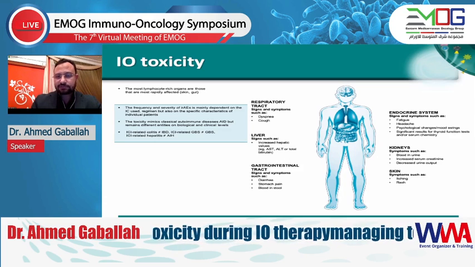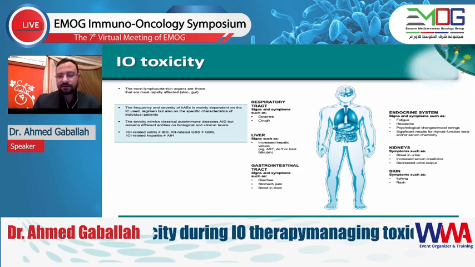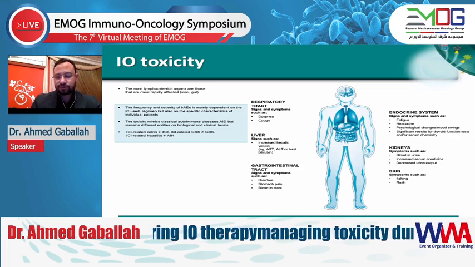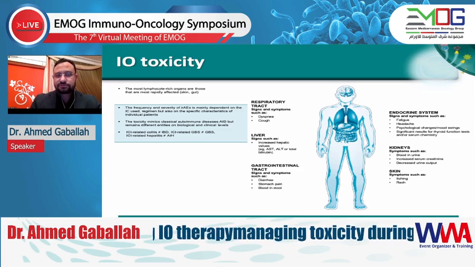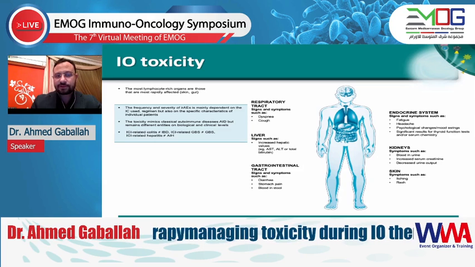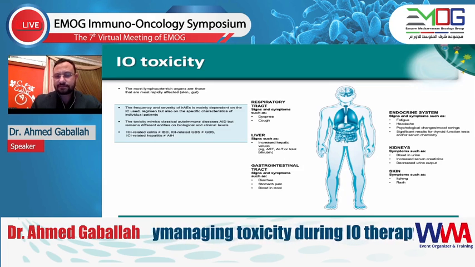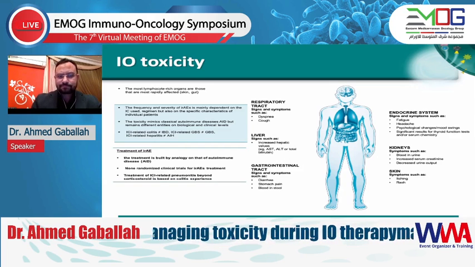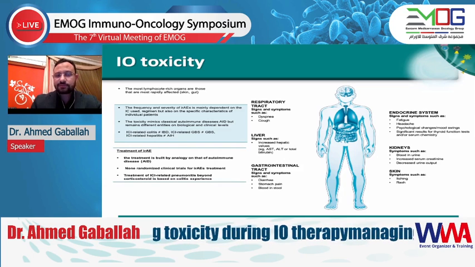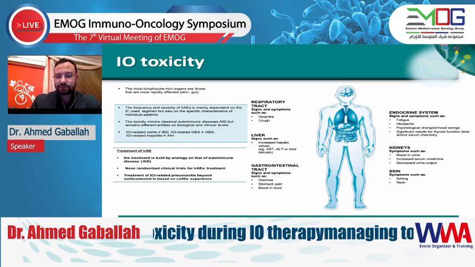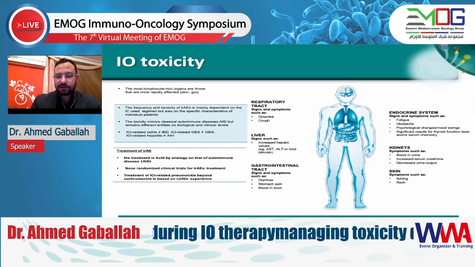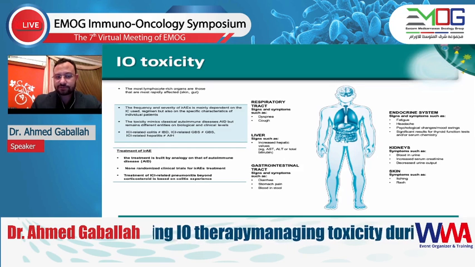The toxicity that occurs during immunotherapy mimics autoimmune disease, but they are not autoimmune disease. That's to say that immune checkpoint inhibitor-related colitis is not like inflammatory bowel disease. They are treated the same, but they are not the same. And the treatment of immune-related adverse events was extrapolated from the treatment of autoimmune disease, because we don't have any randomized trial of how to treat the immune-related adverse events.